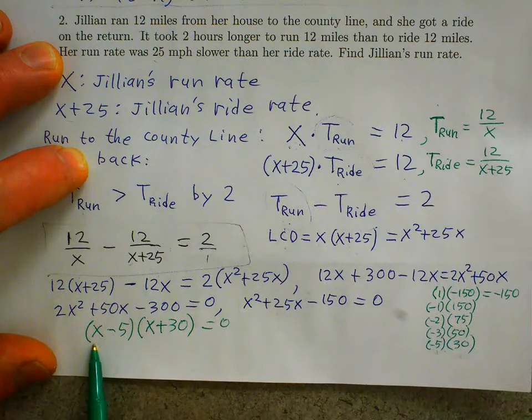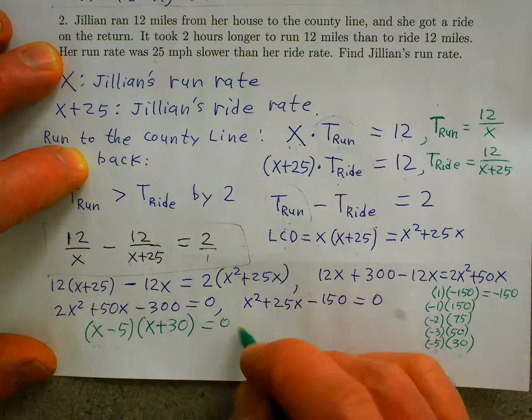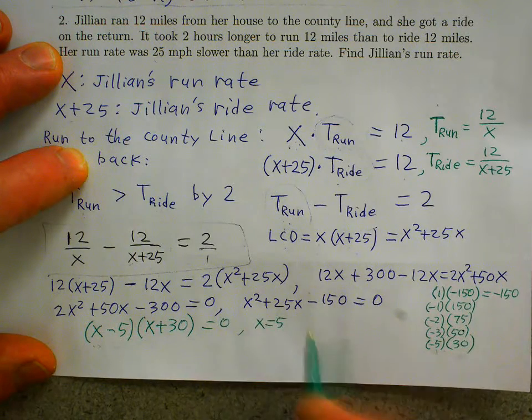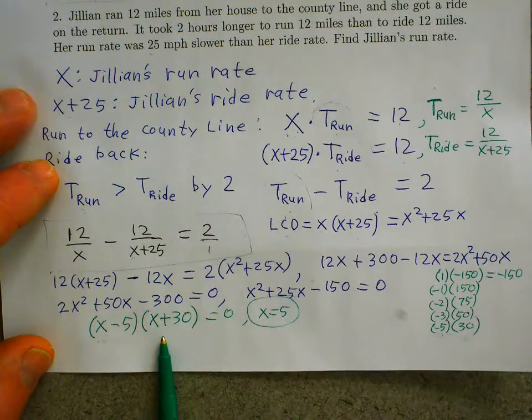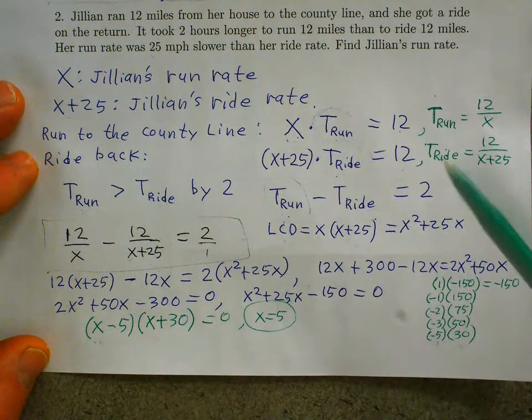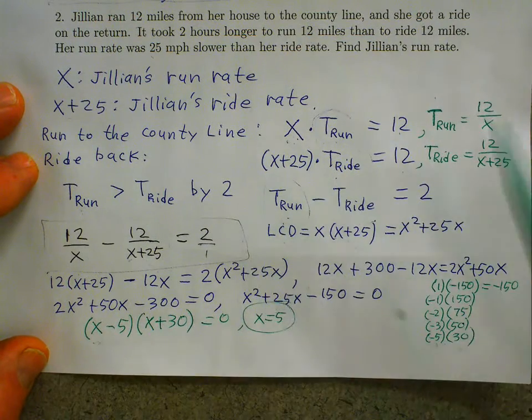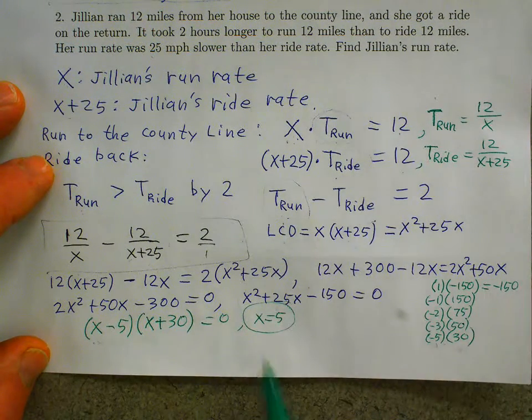And in the context of this problem, x equals positive 5 is the only solution that makes sense. The other solution is negative 30, but running at negative 30 miles per hour doesn't make sense in this problem. So x equals 5.